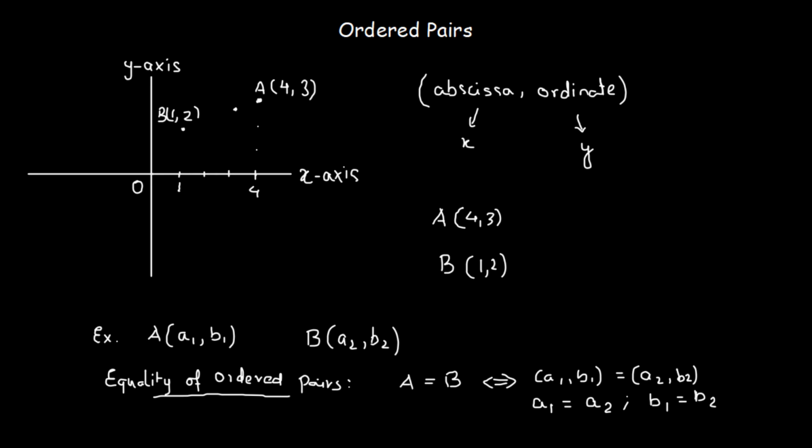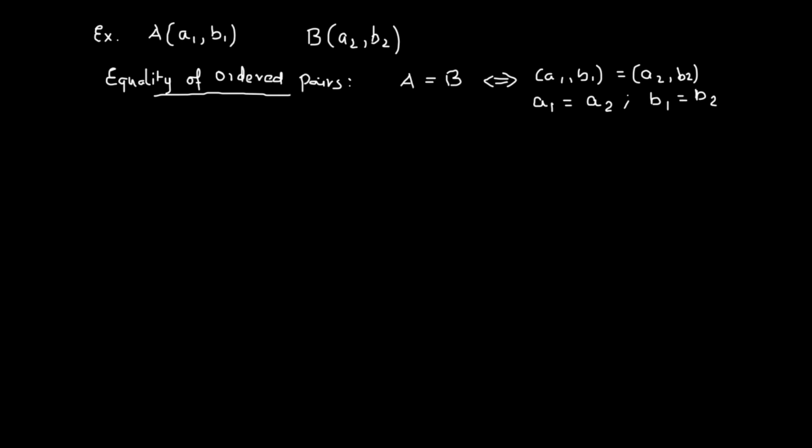So let us do one quick example. Example number 1. Let's say we have an ordered pair given by (3x - 2, 3), whose abscissa is 3x - 2 and whose ordinate value is 3.